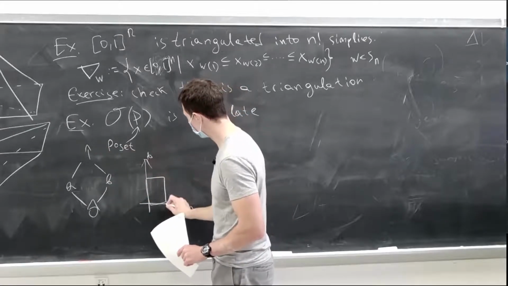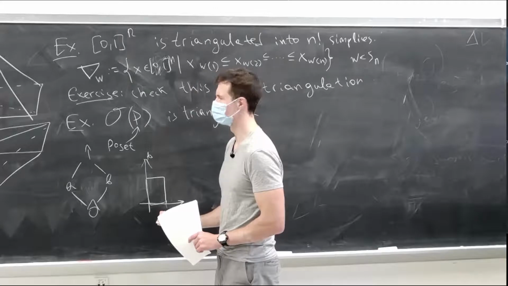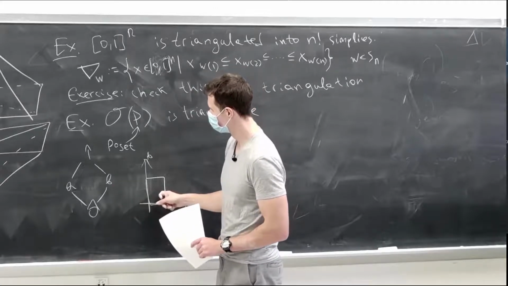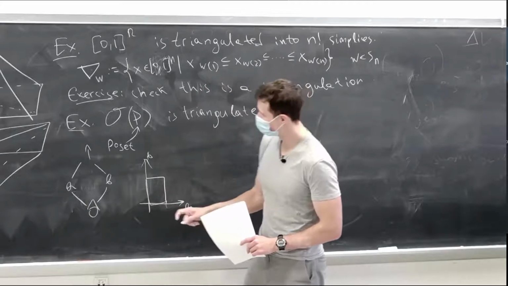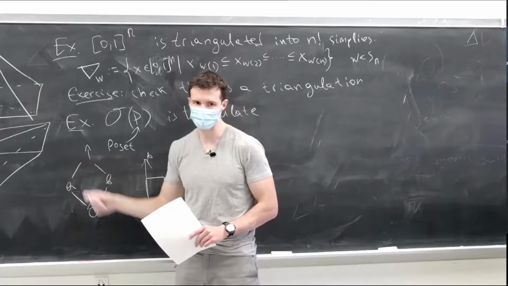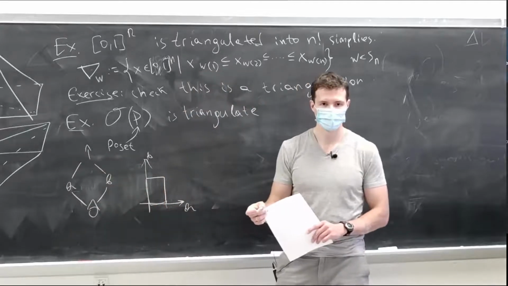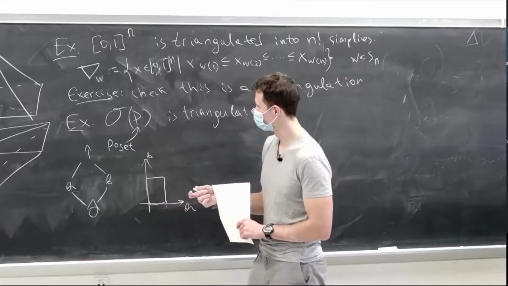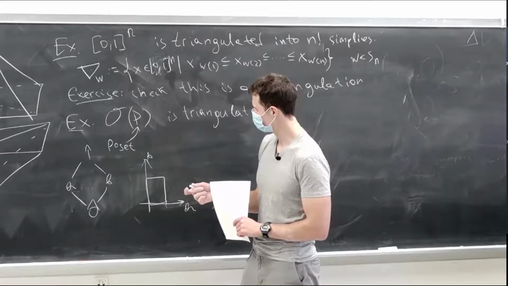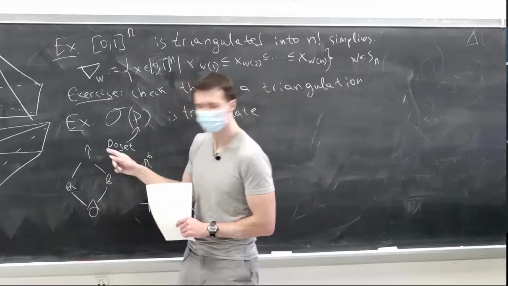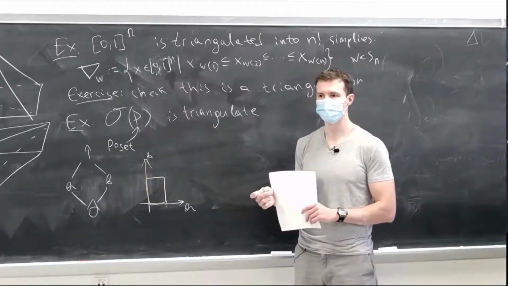Well, this one is equal to 0 and this one is equal to 1, so we naturally have a two-dimensional polytope. So what's the triangulation here?